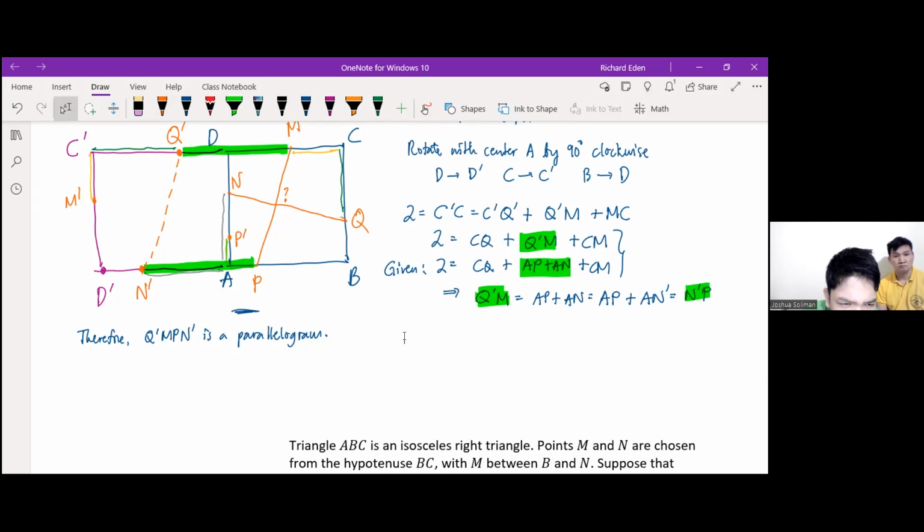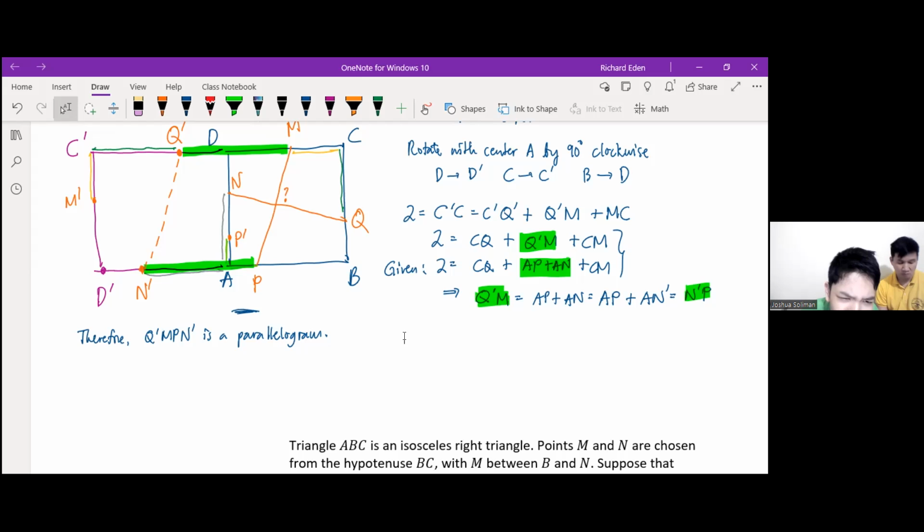And MP is parallel to Q prime N prime. So it means Q prime N prime is parallel to M prime P prime. So maybe we could use this. Yun na pala po siya.